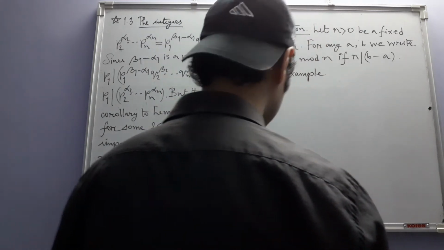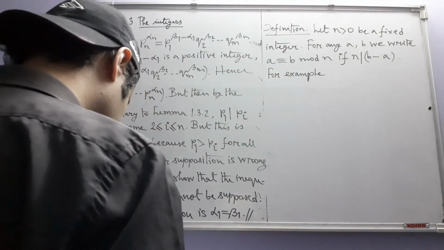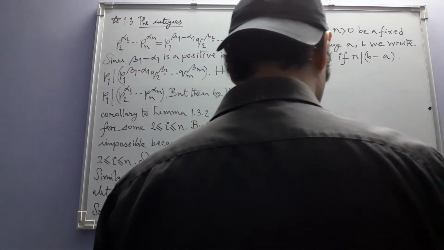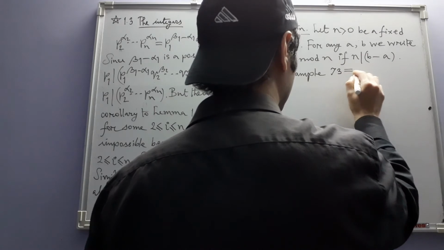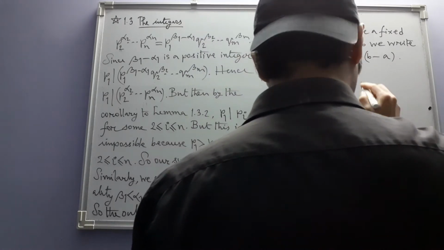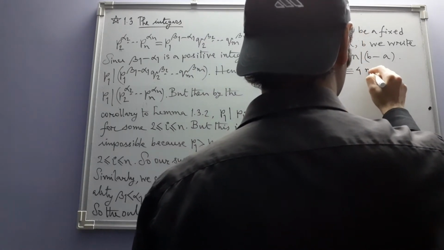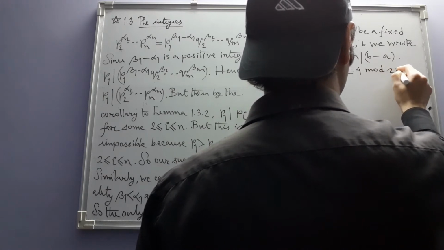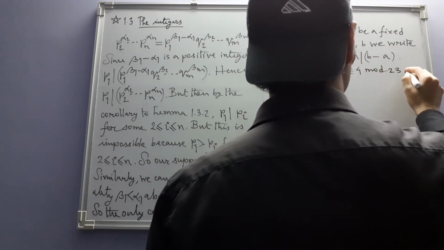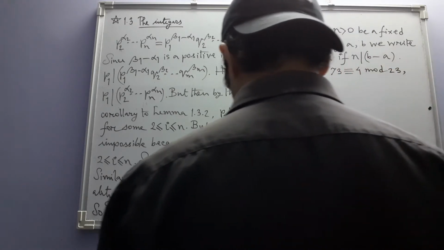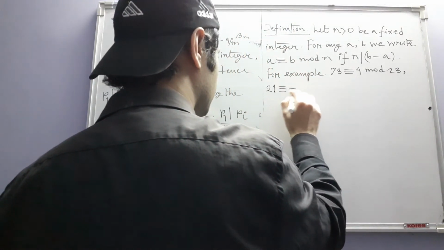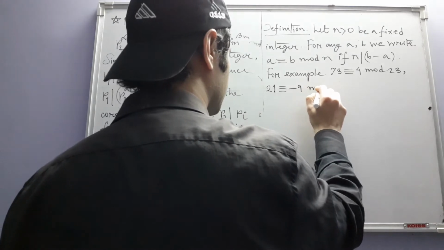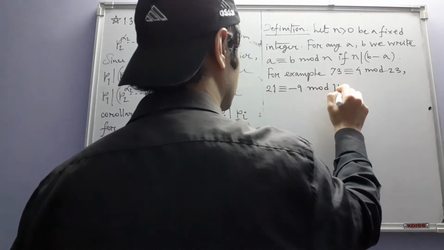For example, we can think of some non-trivial examples given here. 73 is congruent to 4 mod 23. Like that, 21 is congruent to minus 9 mod 10.